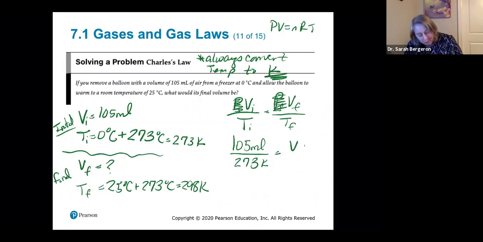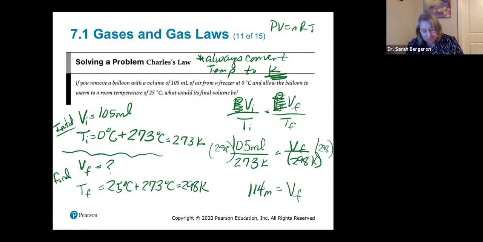Our final volume is unknown, and we have 298 Kelvin. So what do we have to do? We have to multiply times 298. So our volume final is 298 times 105 divided by 273. You should get a final volume of 114 milliliters.